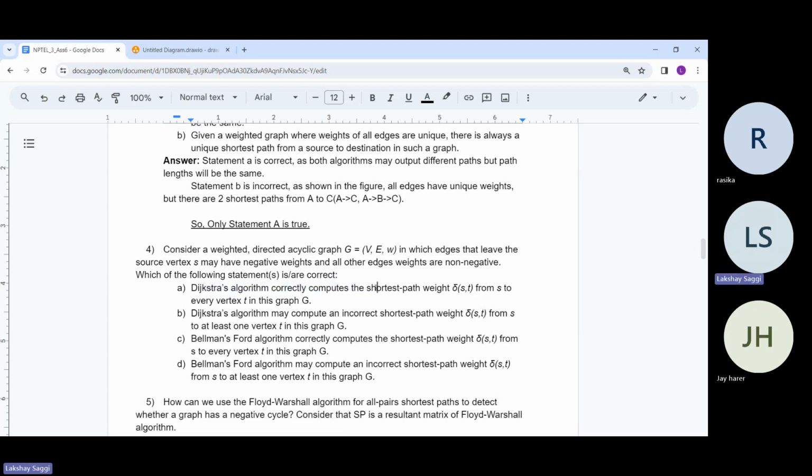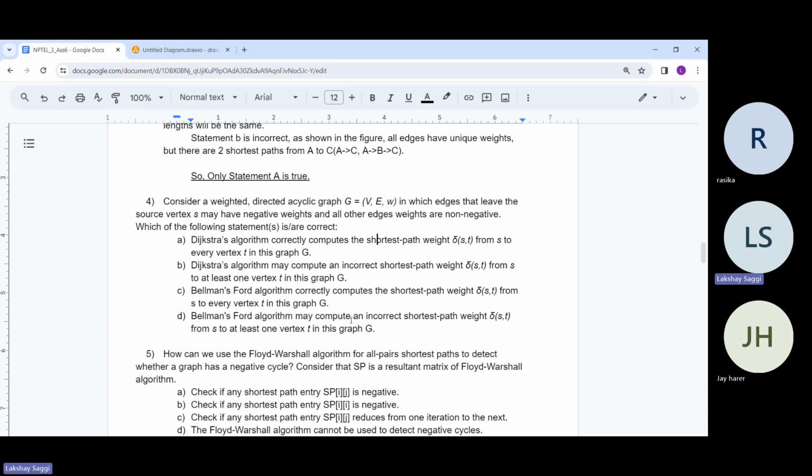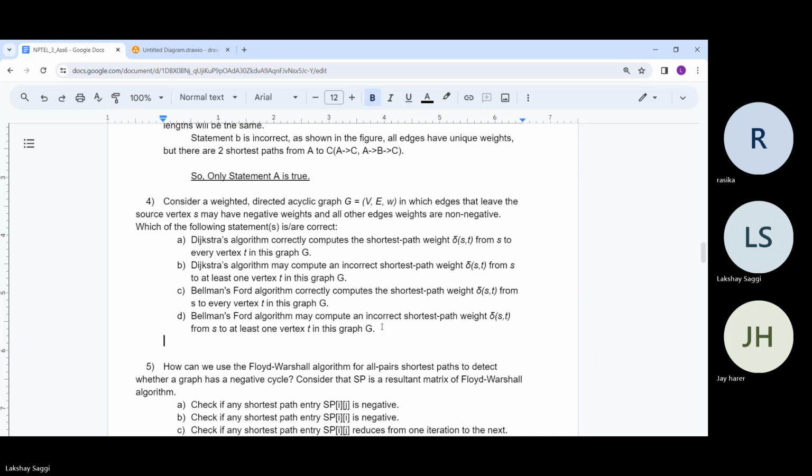The next question is a bit tricky. I'll give you guys the answer to this, but I believe you guys should think about it yourself because this is an interesting and tricky question. The fourth question says: consider a weighted directed acyclic graph, so note that the graph has no cycles, in which edges that leave the source vertex S may have negative weights and all other edges are non-negative.